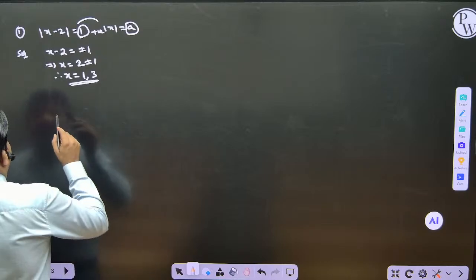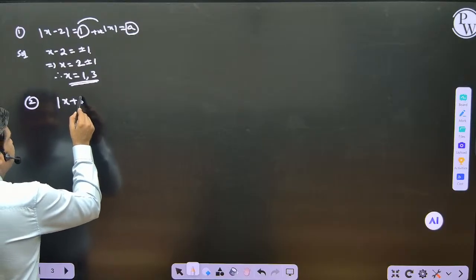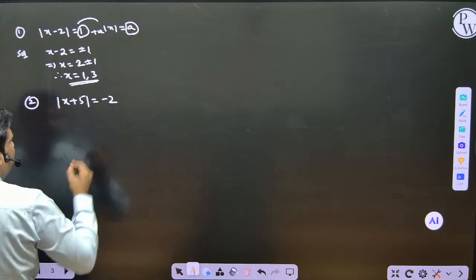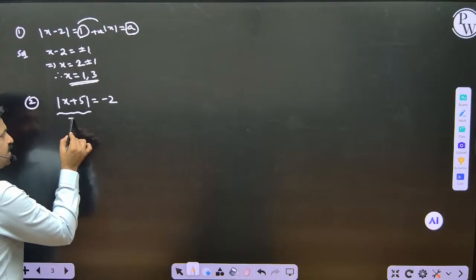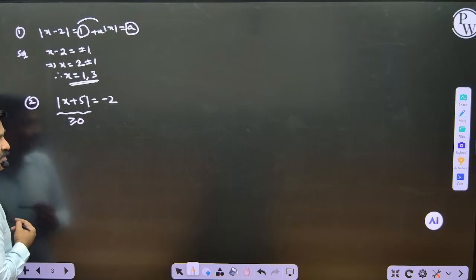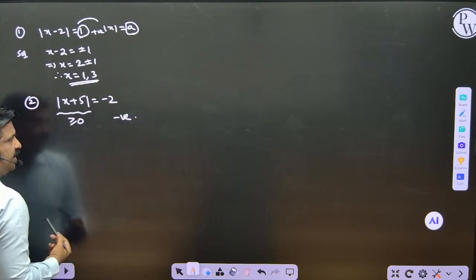Similarly, the second question is modulus of x plus 5 is equal to minus 2. As you know, modulus of x is always greater than or equal to 0. But on the right hand side, a negative is there.